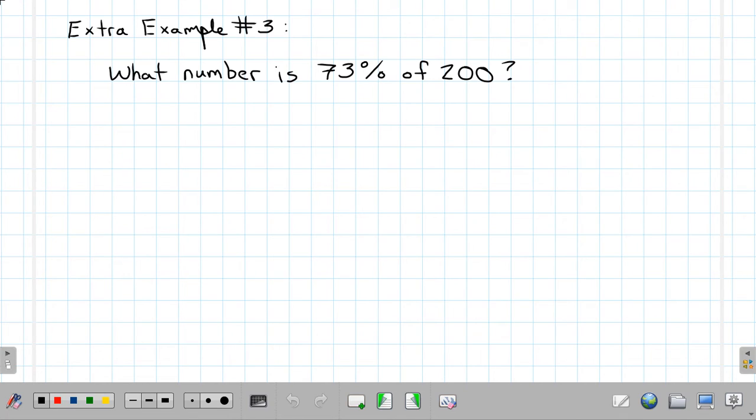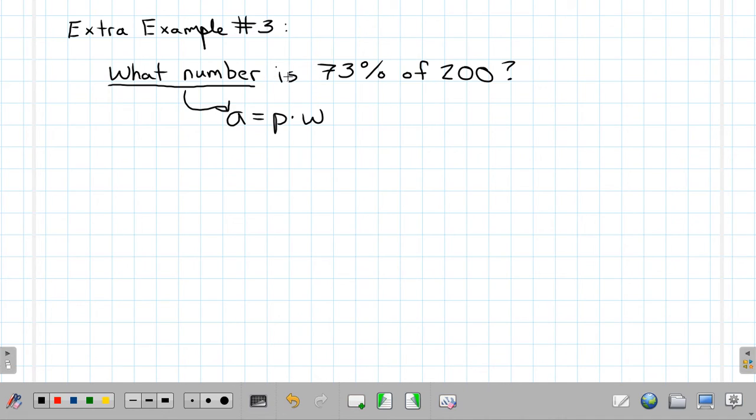And the last example that we'll go over here is: what number is 73% of 200? Well, once again, if we have our equation, what number is? Well, the what number tells us we're looking for the part.